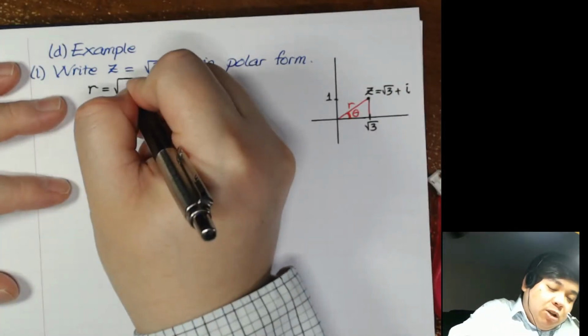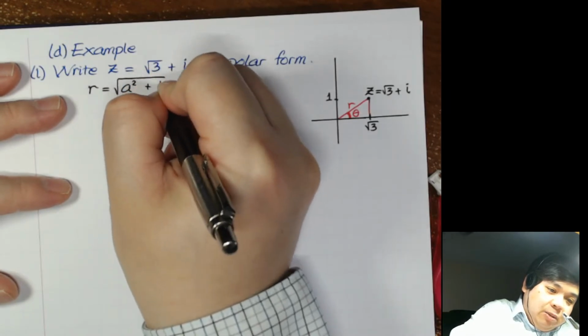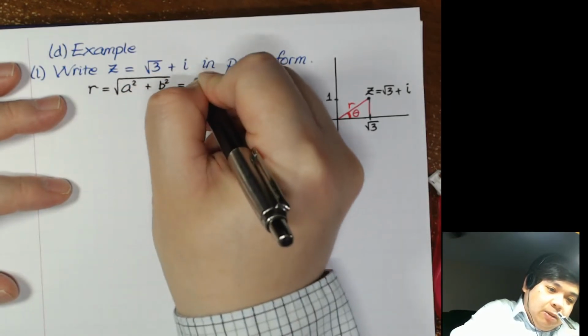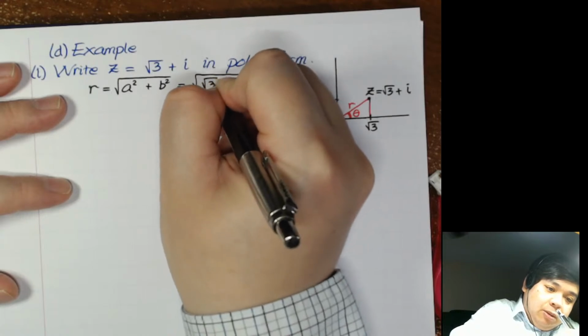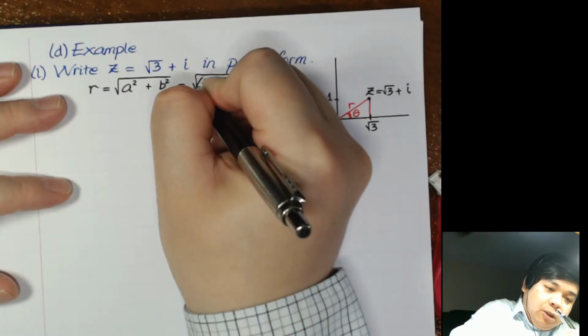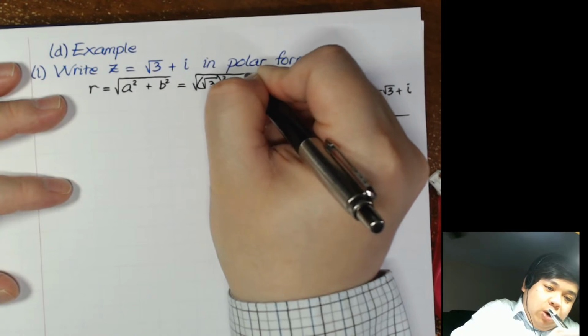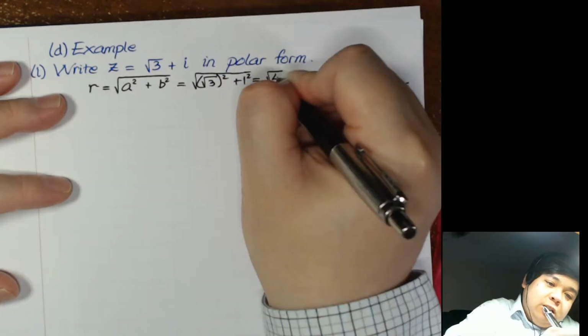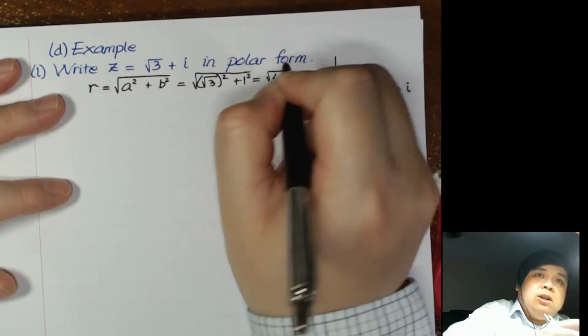So let's say a squared plus b squared is the square root of 3 squared plus 1 squared, which is the square root of 4.